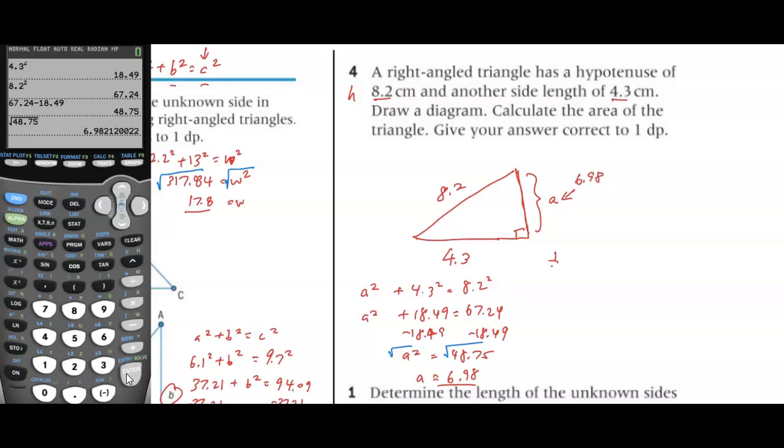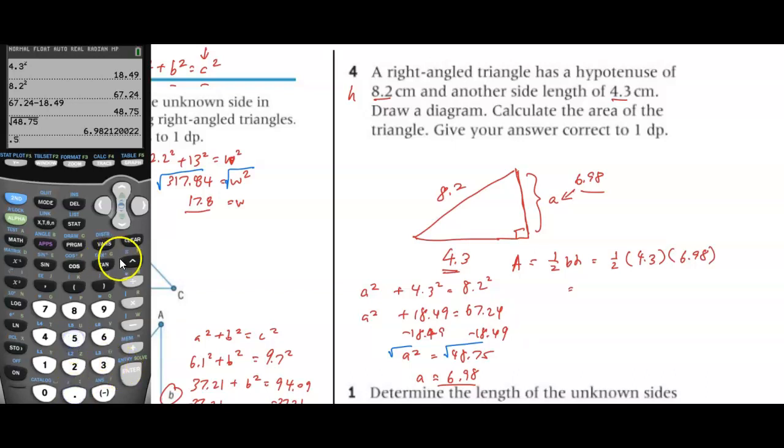Now we could use 1/2 base times height, which is the formula for area of a triangle. So 1/2 times the base, which is 4.3. This is review, so I'm not going to take too long with this. Multiply all that together: 1/2 times 4.3 times 6.98.